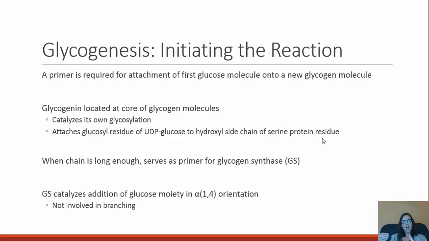Now, when the chain is long enough, it serves as a primer for the glycogen synthase to come in and elongate the polymer by adding on the glucose. So glycogen synthase catalyzes the addition of the glucose moiety in the alpha-1,4 orientation, but again is not involved in the branching of the glycogen molecule.